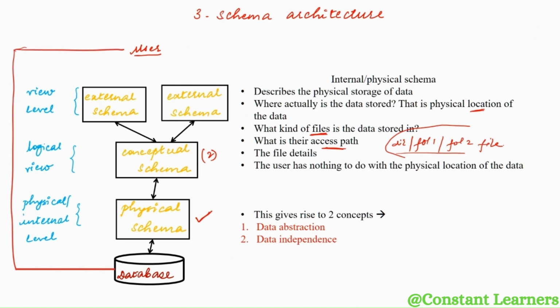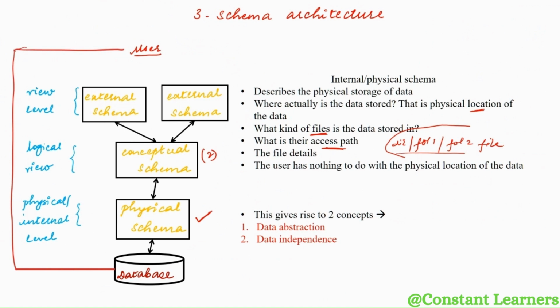All right. So even though physical schema stores the physical location of the data, the user has nothing to do with it, right? The data is constantly available to the user, but he is not aware of the physical location or the physical structure of the data. He requests the data and his requests are fulfilled, and whatever data is being requested, he gets that, right?